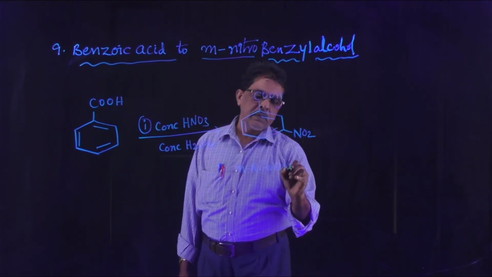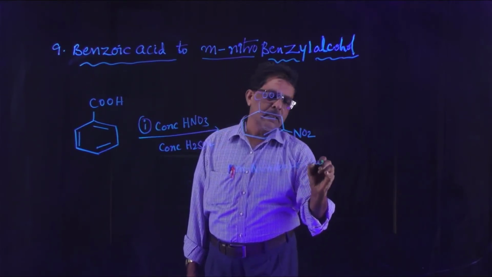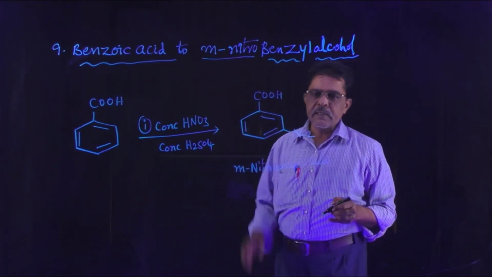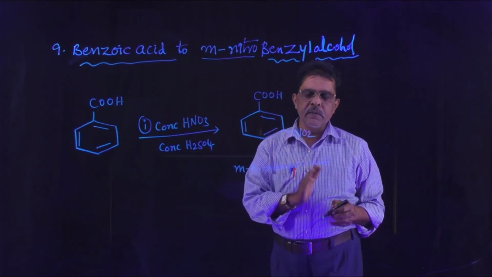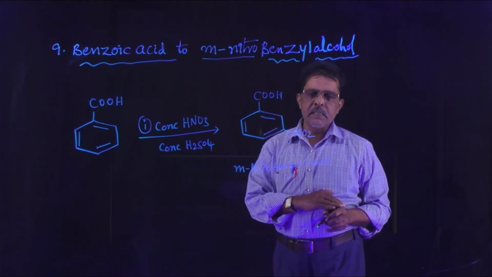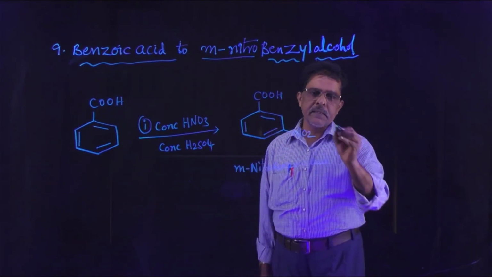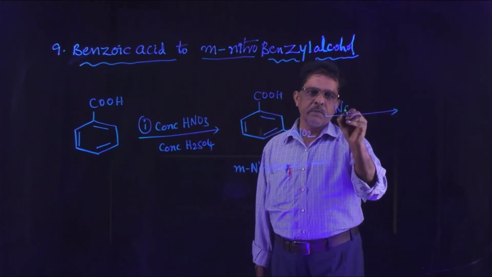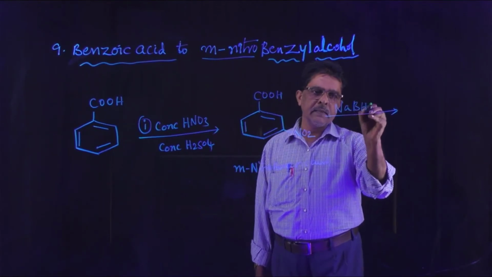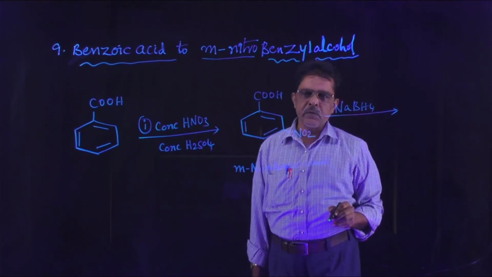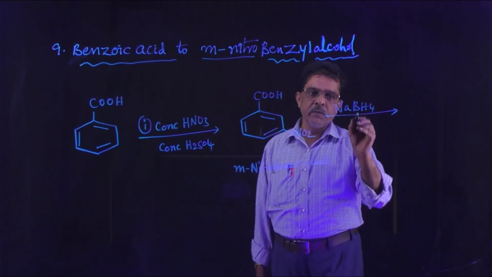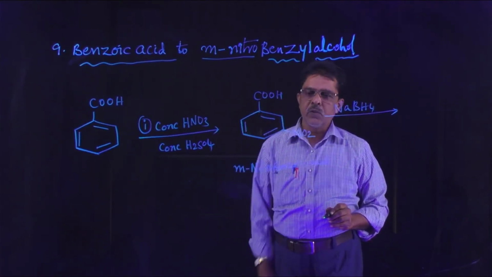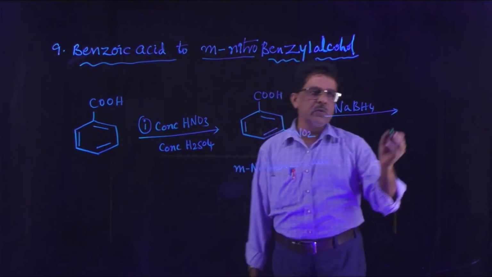acid, we have to convert this acid into alcohol. Carboxylic acids are converted into alcohols by means of reduction. Here we have to use sodium borohydride as the reagent. This sodium borohydride reduces the COOH group into a CH2OH group.